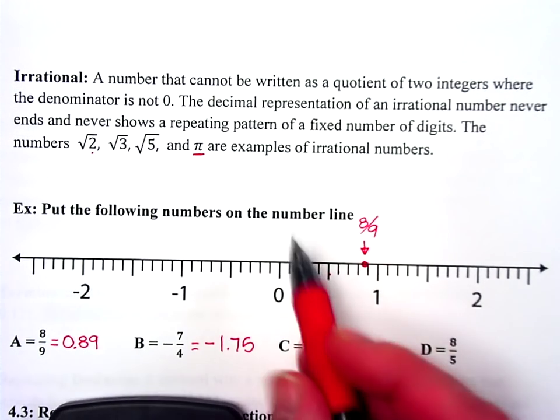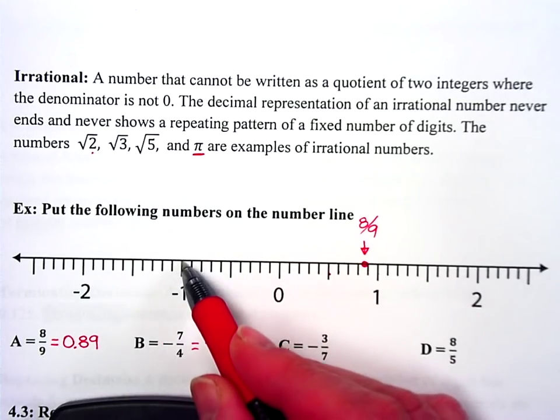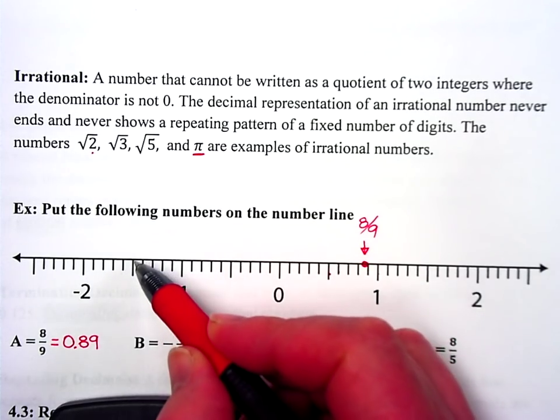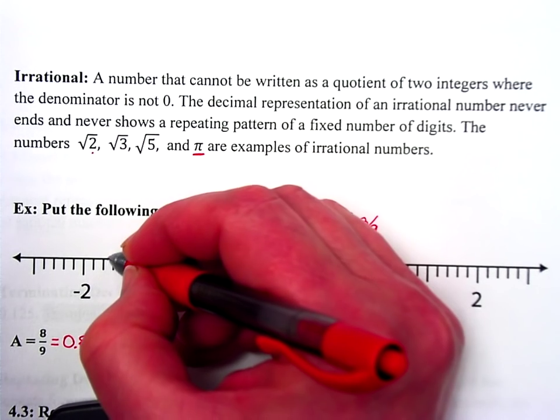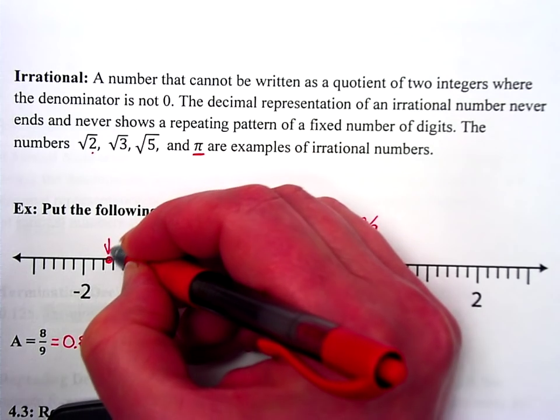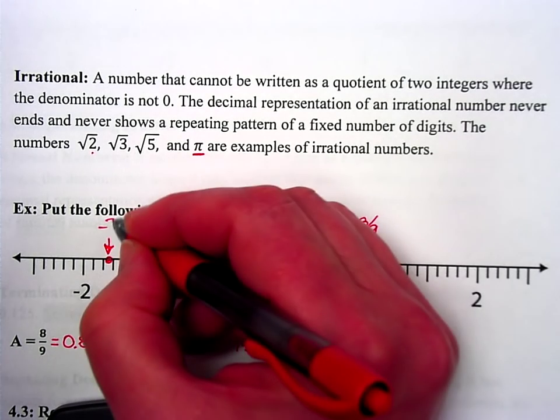So I go from 0 to -1, and then to -1.5, 1.6, 1.7, and 1.75 would be here. So that's -7/4.